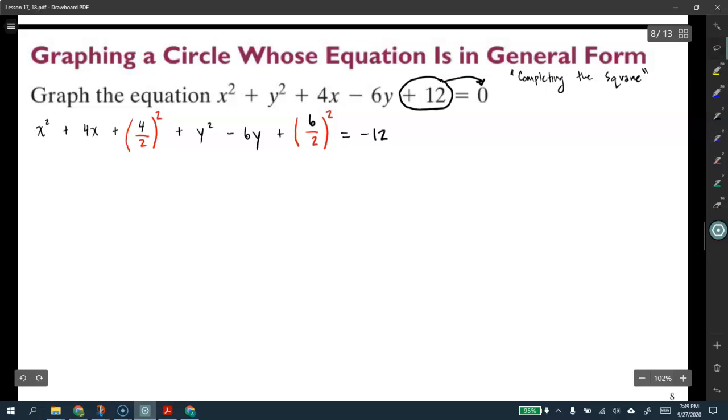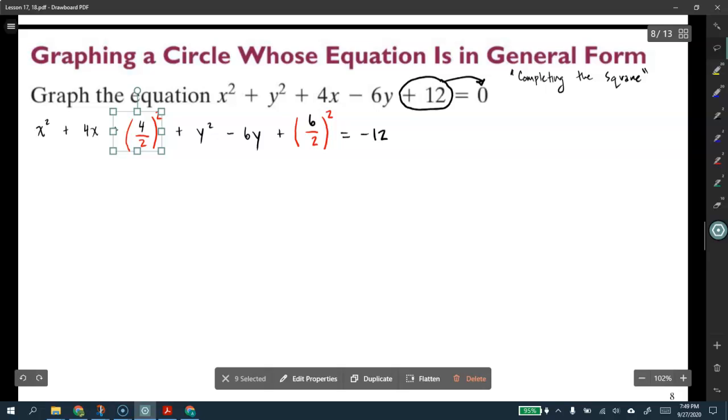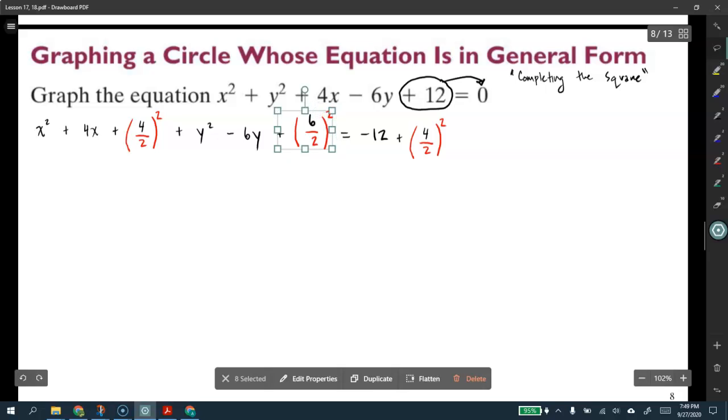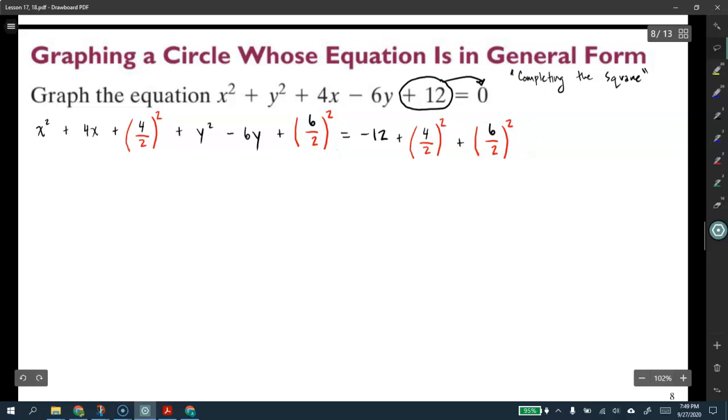So just so it makes sense where we're getting these things from, this 4 over 2 squared, we need it again on the right side because we're trying to balance an equation. And this plus 6 over 2 squared, we need it again as well, for the same reason. Anything you added on the left, you also add on the right.